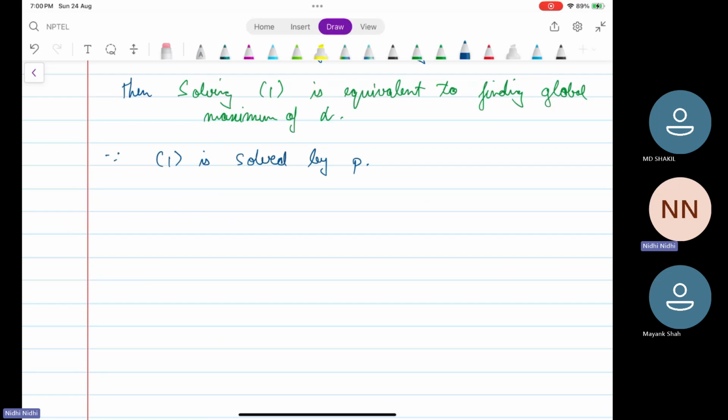That means all of its partial derivatives will be 0 as well.